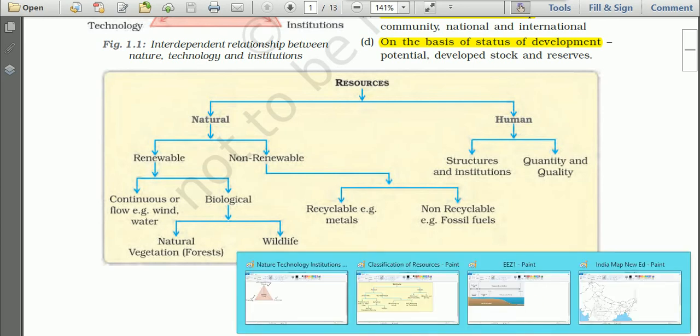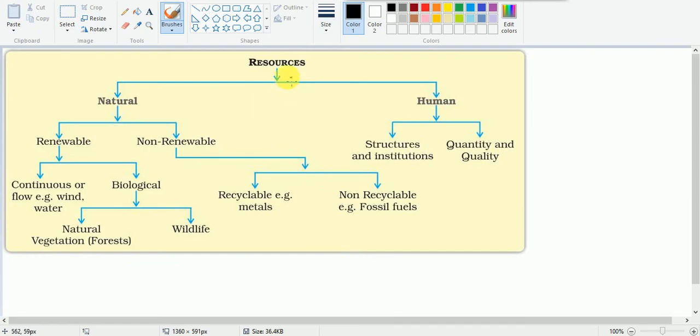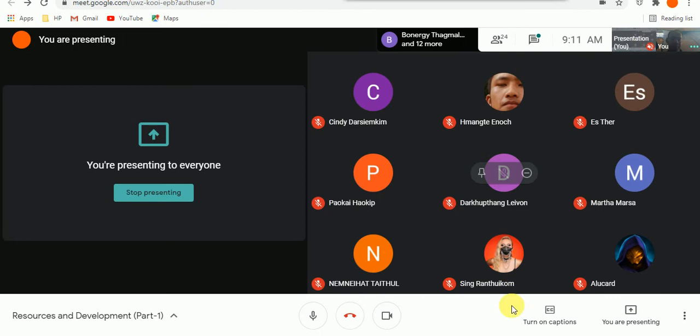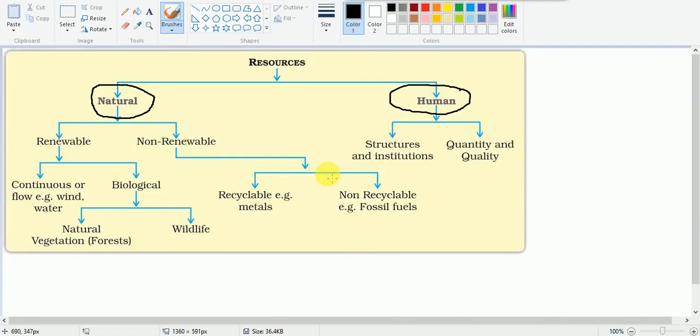As shown here, resources are divided into two main types: natural resources and human resources. And natural resources are further divided into renewable and non-renewable.